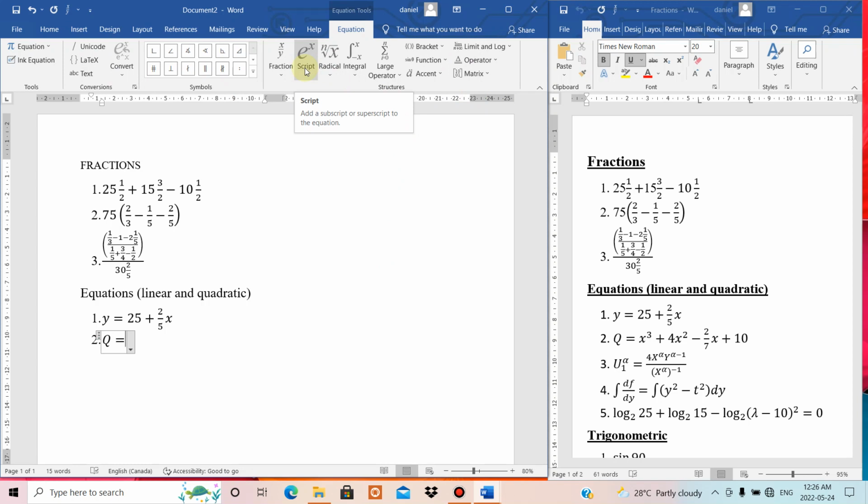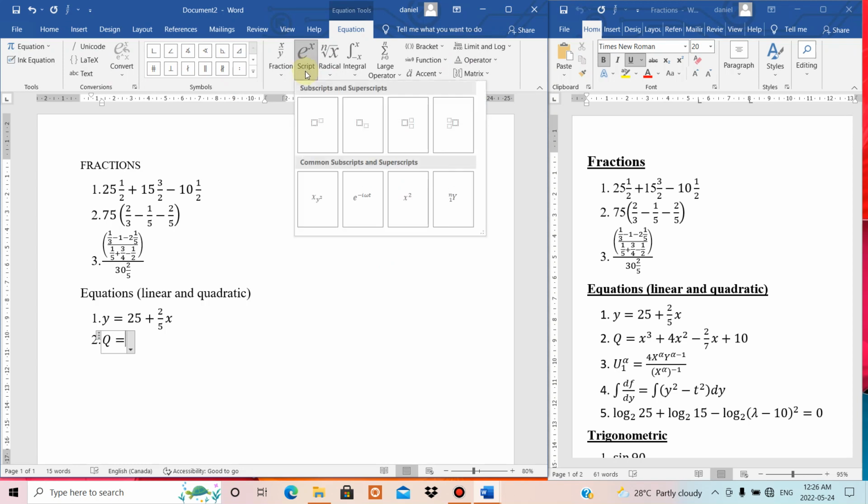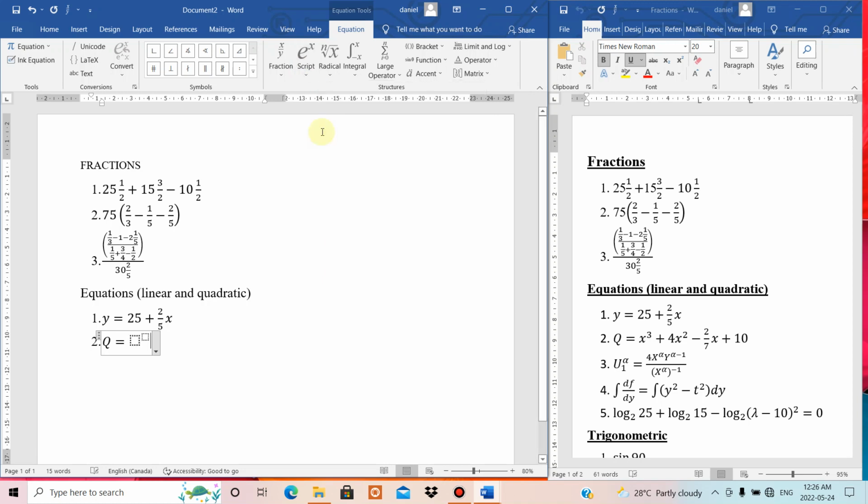We're going to navigate to script. Now this script, we are not going to pick this or that. We will pick the first one because we have a superscript of 3. So you click on that. The superscript is 3. The variable is x plus.